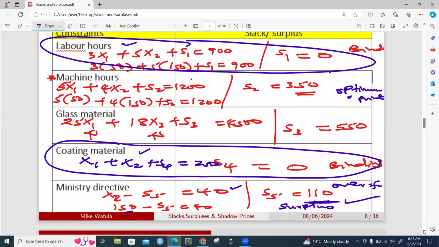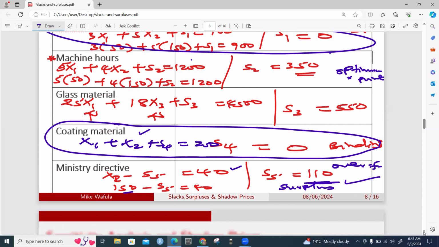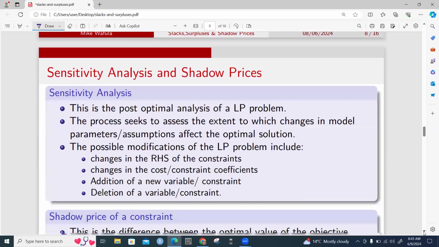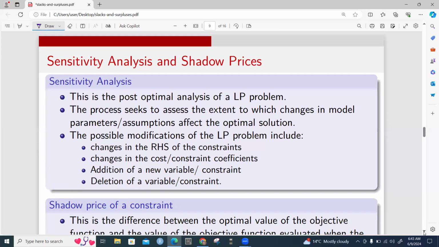So that's how we identify binding constraints. Binding constraints are easy to identify upon calculating the slacks associated with each constraint. And to calculate the slacks and the surpluses, we require to express the linear programming problem in standard form.